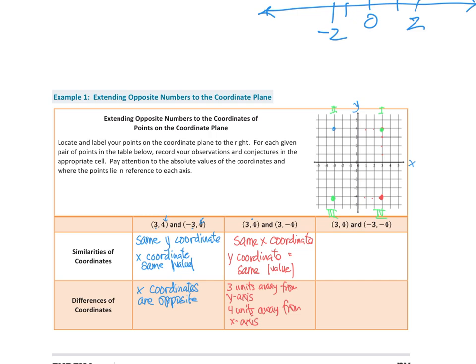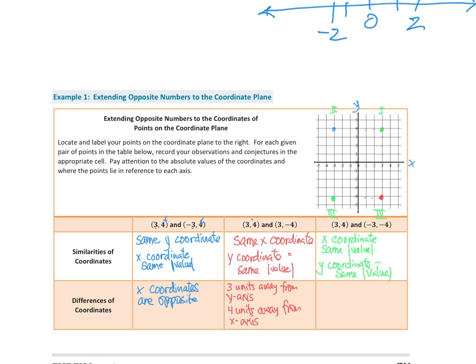I know those are opposite, but the absolute values are the same. So the x coordinate has the same absolute value, and the y coordinate has the same absolute value.